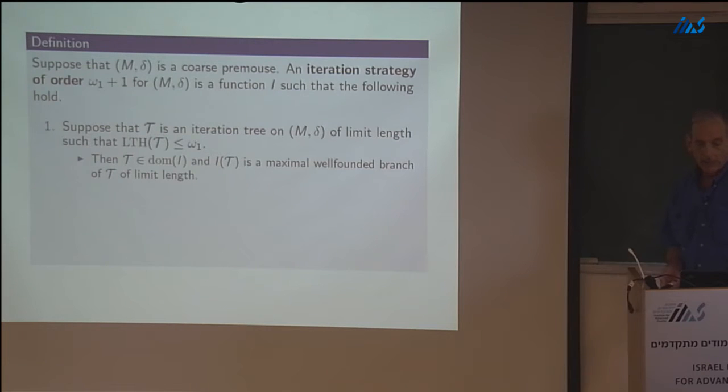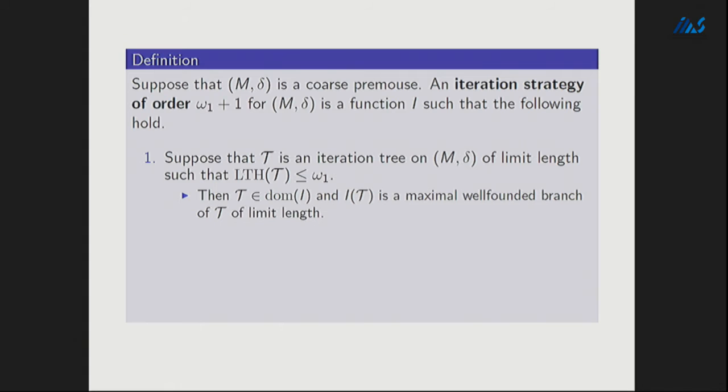Now we have to talk about iteration strategies. If you have a coarse premouse, an iteration strategy of order omega 1 plus 1 for M delta is a function I that does the following. Suppose T is an iteration tree on the initial model such that the length of the tree is less than or equal to omega 1, then T is in the domain of the function, and the function I at T gives you a maximal well-founded branch of limit length.